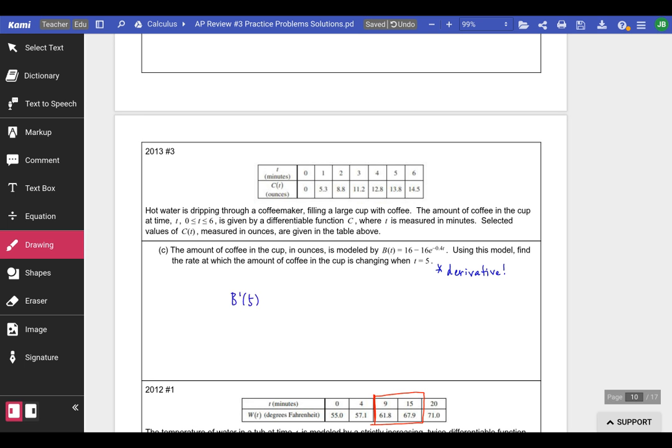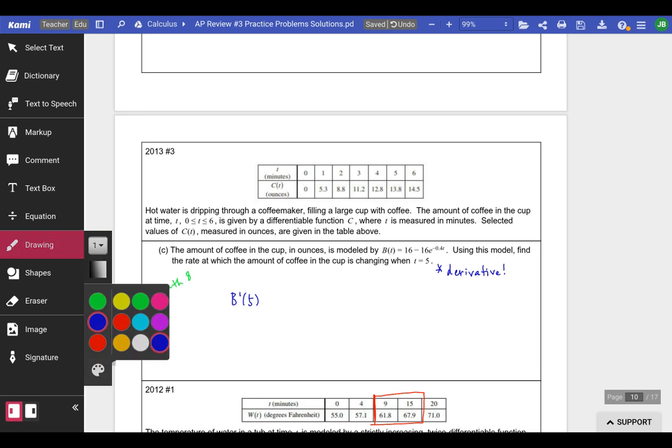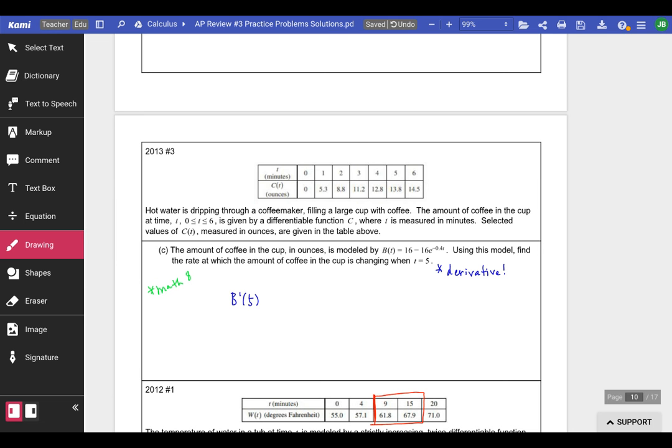Since you have a calculator for this part, you would definitely use your calculator to find this. I'm going to make a note here that we would use math 8 to type that into your calculator. You would do math 8, type in that function at your value of 5, and you should get this approximate value.